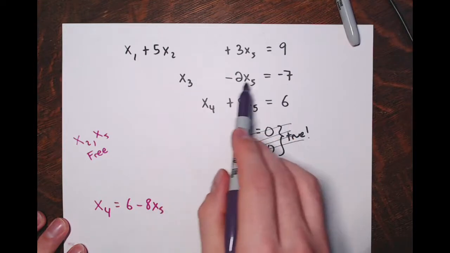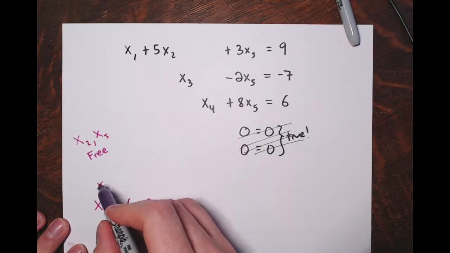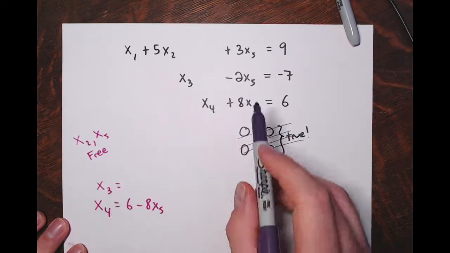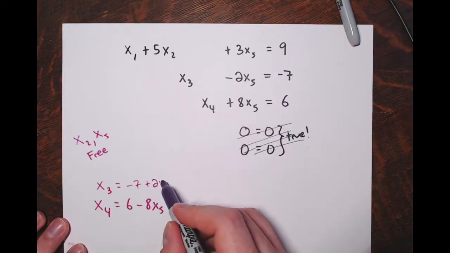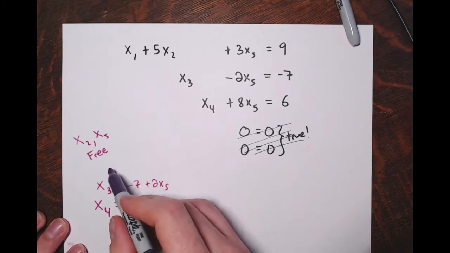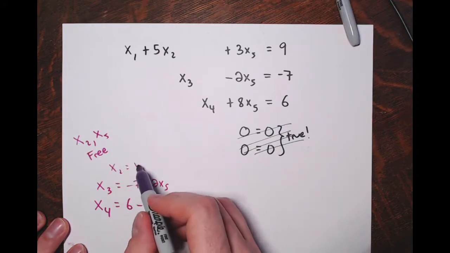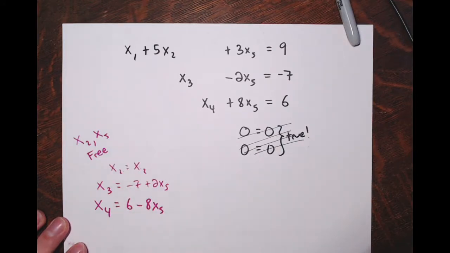This equation here, solve for x3. x3 would be equal to -7 plus 2x5. x2 is just x2, that's free. x5 is just x5.